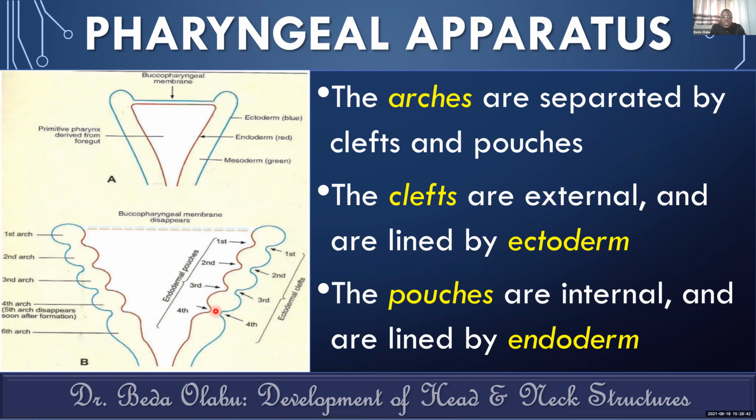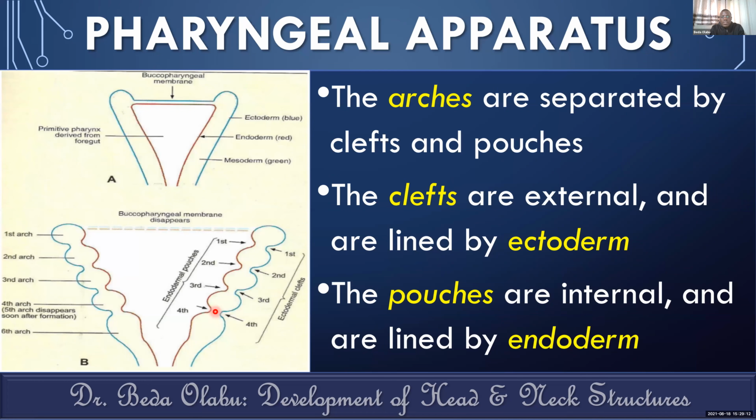And I want you to take note that because it's the tissue interface, a pharyngeal membrane actually consists of all the three layers of the trilaminar embryo. It has the ectoderm, it has the intraembryonic mesoderm, and it has the endoderm. A pharyngeal membrane consists of all the three layers of the gastrula.